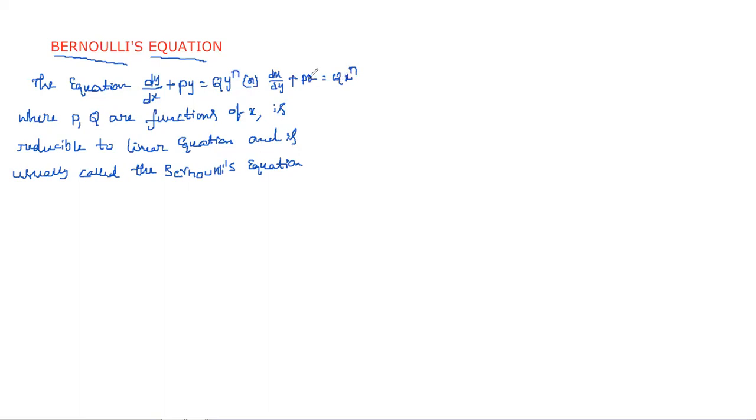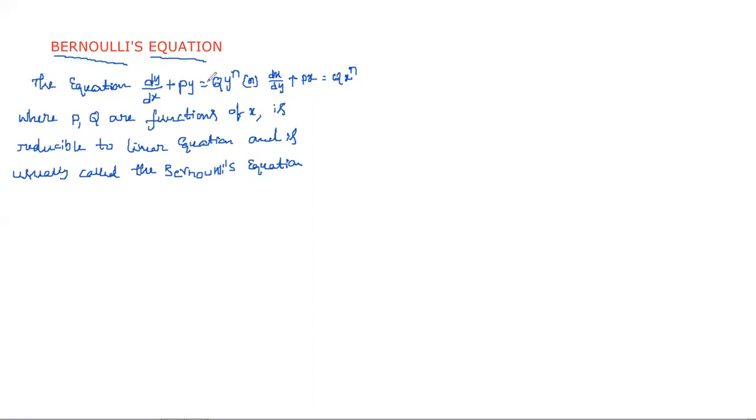If it is in this form, then we need to convert it into a linear differential equation, that is dy by dx plus py is equal to q, by using the substitution method.